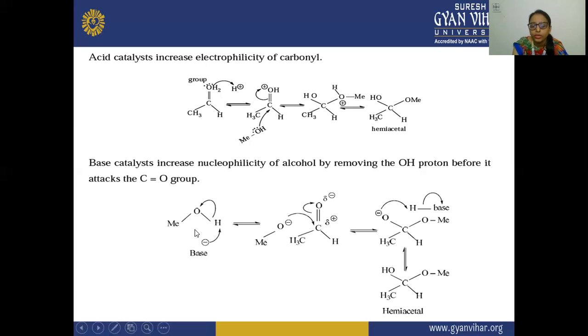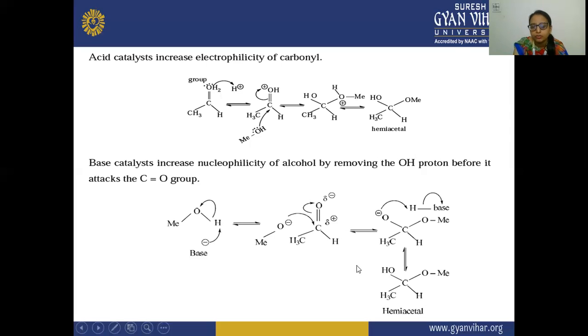This OH base is removing this H from here, and a nucleophile is formed, and this nucleophile is attacking this carbon atom. So there is a formation of this hemiacetal.